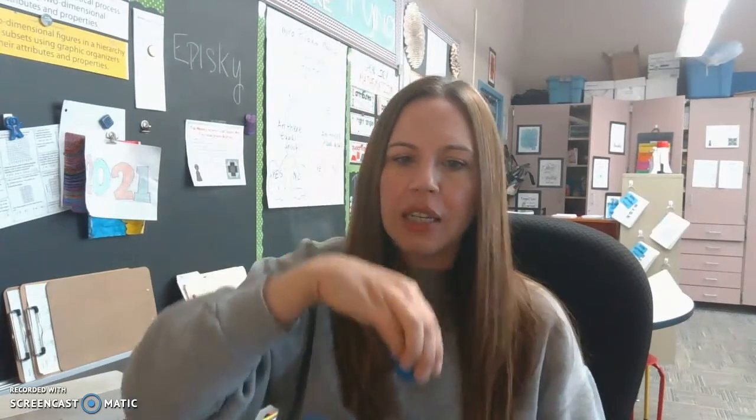Now, we don't actually physically put cubes in our 3D objects and measure, but that's what you are doing when you are measuring volume. You're just doing it mathematically, not physically.